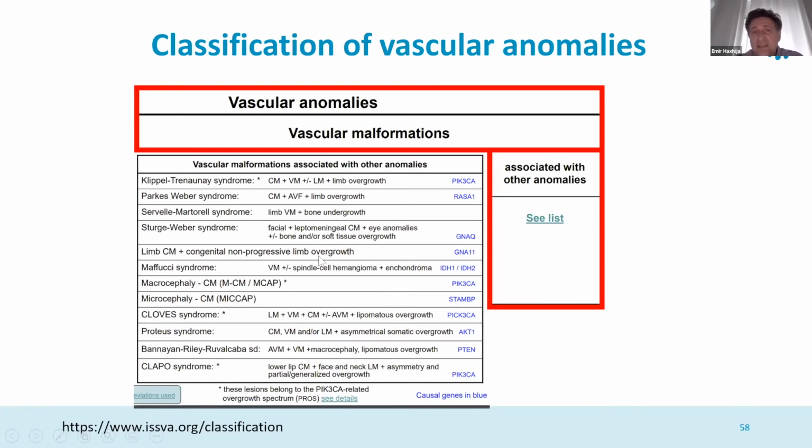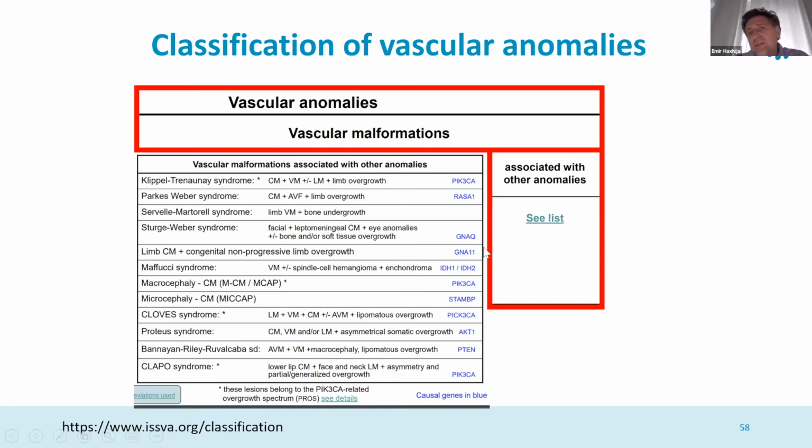All these different associated anomalies are then associated with some vascular malformations. It could be all of them, lymphatic and venous and capillary and arteriovenous, or only a few of them involved.